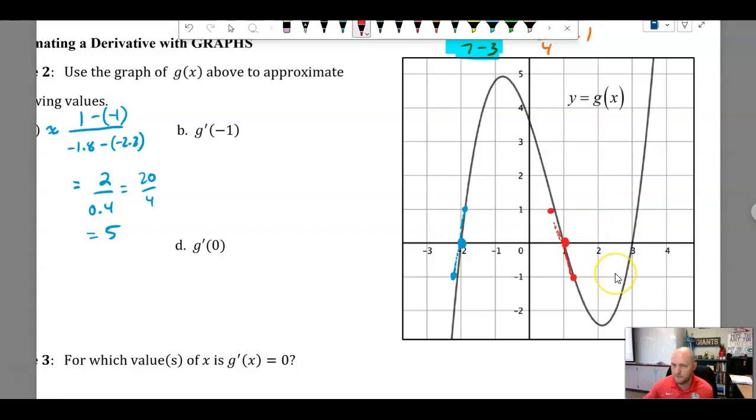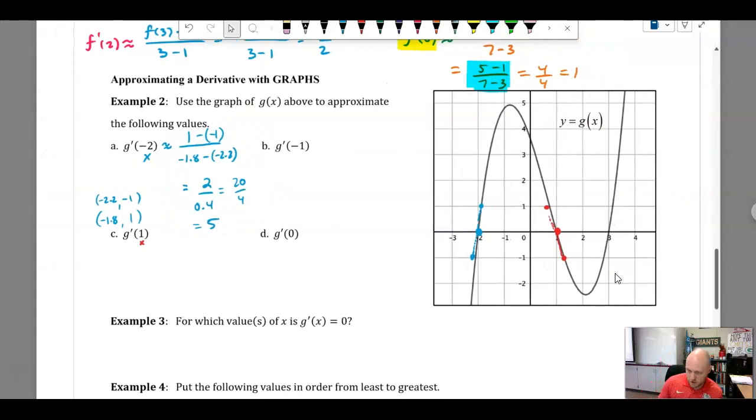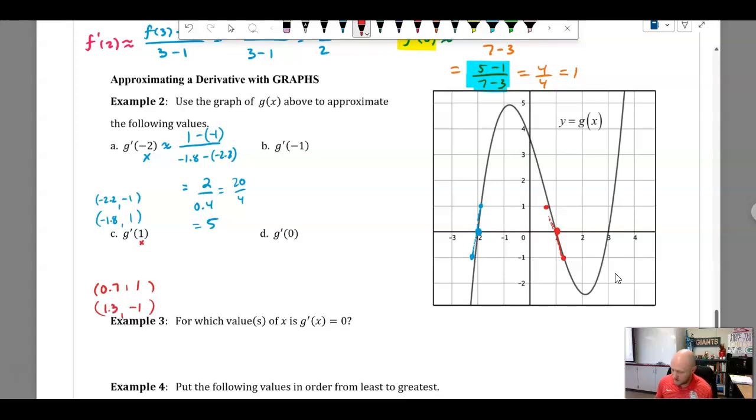Let's see, is that concave up? Okay. And so those 2 points, let's go ahead and say, I don't know, 0.7, 1, and 1.3, -1.